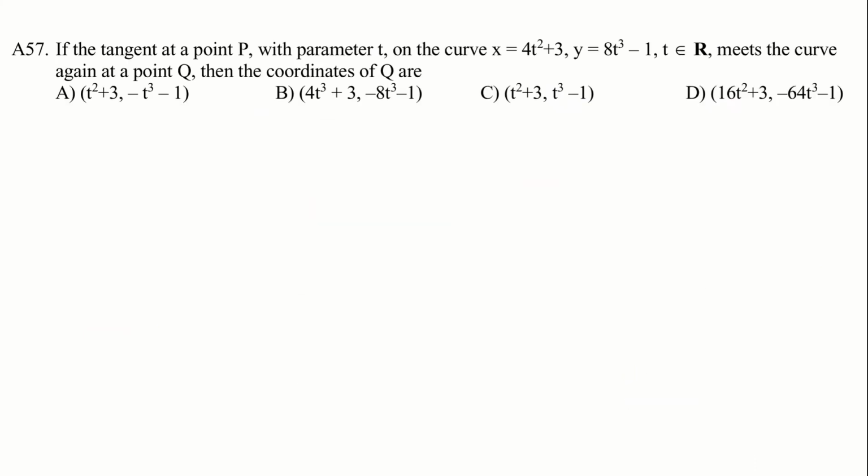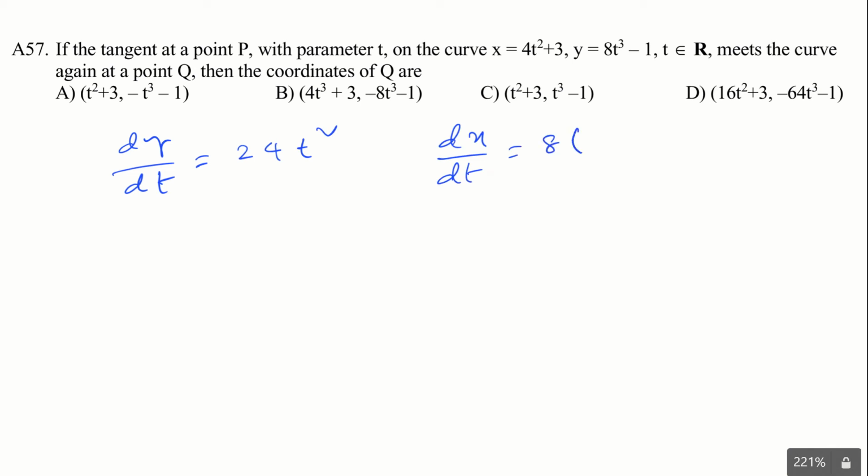In this problem, let's first write the tangent at P. For that, I am going for the slope of the tangent, dy by dx. For that, first dy by dt is equal to 24t square and dx by dt is equal to 8t.